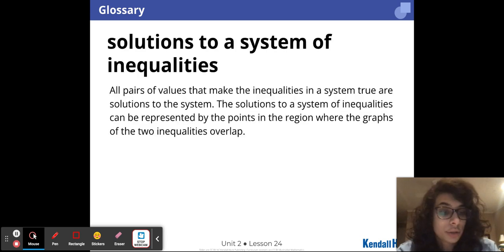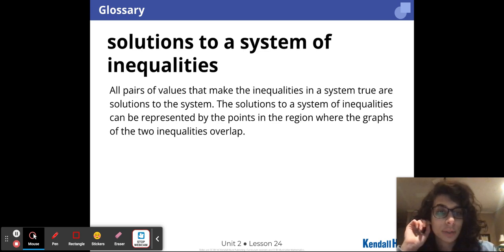Solutions to a system of inequalities are all pairs of values that make the inequalities in the system true. So any values that make the inequalities in both cases true.